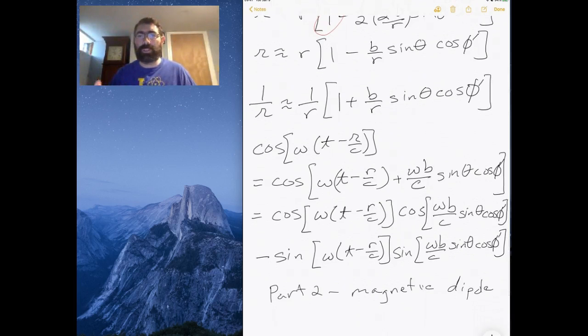So now what I want to do is simplify this cosine function that we have here, which has a lot of stuff in it. It's got 2 cosines and 2 sines.